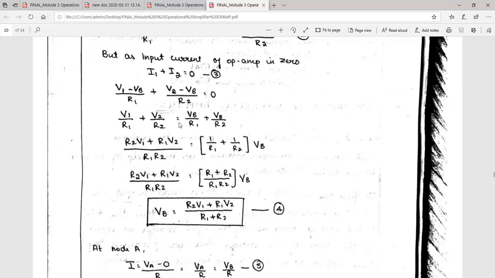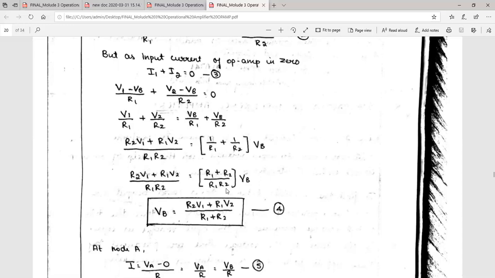which is equivalent to taking the VB terms common. When we take the VB terms common, 1 by R1 plus 1 by R2. When we further simplify, R1 plus R2 divided by R1 R2 into VB. So we will cancel out R1 R2 and R1 R2 on both the sides.